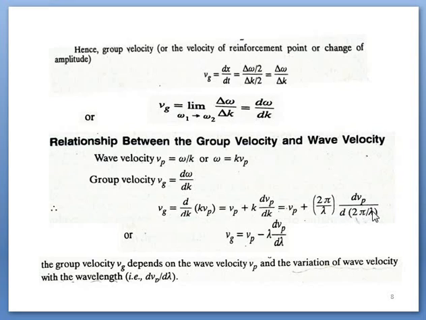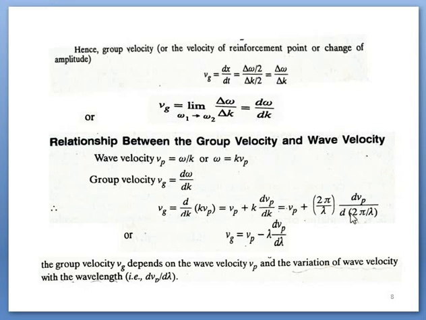When d of 1 by lambda is differentiated, we have minus lambda power minus 2. 2 pi will be cancelled. So we have dVp upon d of 1 by lambda. Lambda is a variable, therefore it needs to be differentiated here, so it is called partial differentiation. Then d of 1 by lambda will be equal to minus lambda power minus 2.